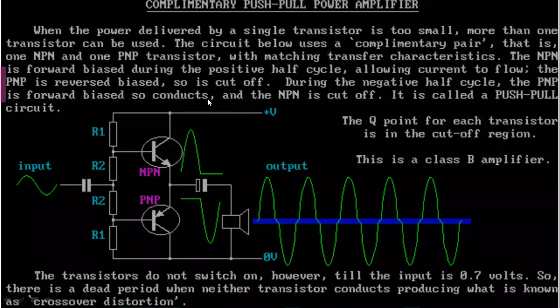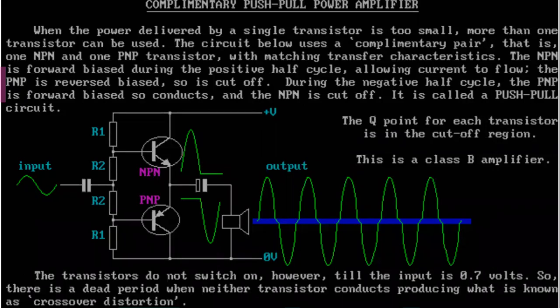So this one represents how we deploy class B operation with the support of transistors. You have to use a complementary pair as I mentioned previously, NPN and PNP. You can see here during the first half cycle, the NPN transistor is properly biased.